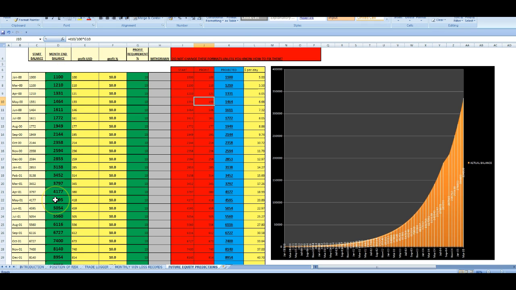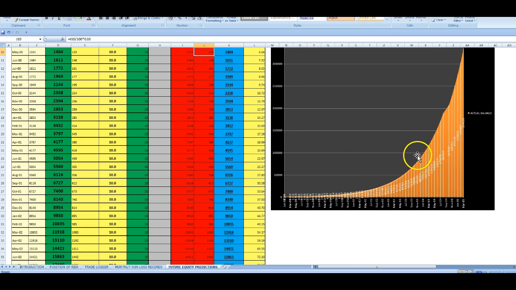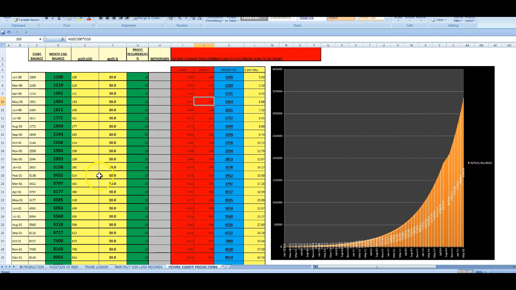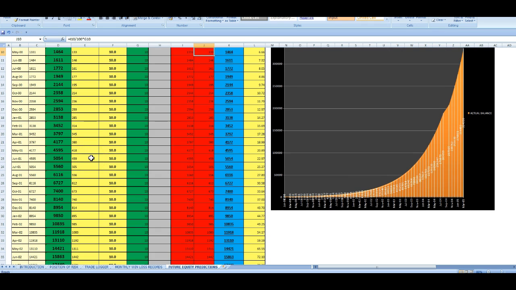Year 1 may be pretty slow, but as you can see from this exponential curve here, yes, the first 2 years are very slow, but once you get to a certain point, things just start to take off dramatically. Now obviously once you get to a certain level, you wouldn't want to be looking at 10%, you'd be looking at taking that back, because you'd also be reducing your risk per trade as well, because trading with this amount of money and the amount of risk that we put on is extremely high.